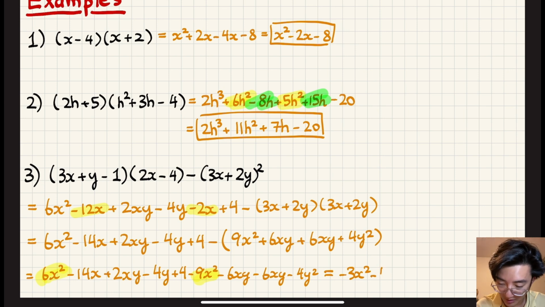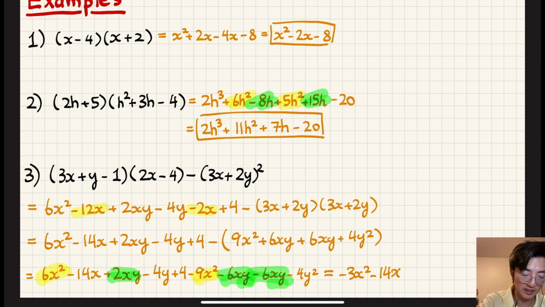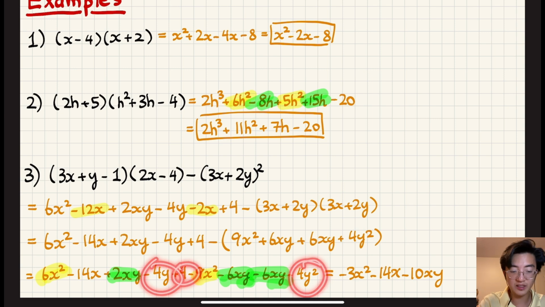There's no more x's. Next with the xy's, we have a bunch of those. So we got 2xy here, minus 6xy here, and then minus another 6xy here. Which means that 2 minus 6 minus 6 gets us negative 10xy. Okay, next we have, that's it. All we have left is a y squared, a y, and a constant.